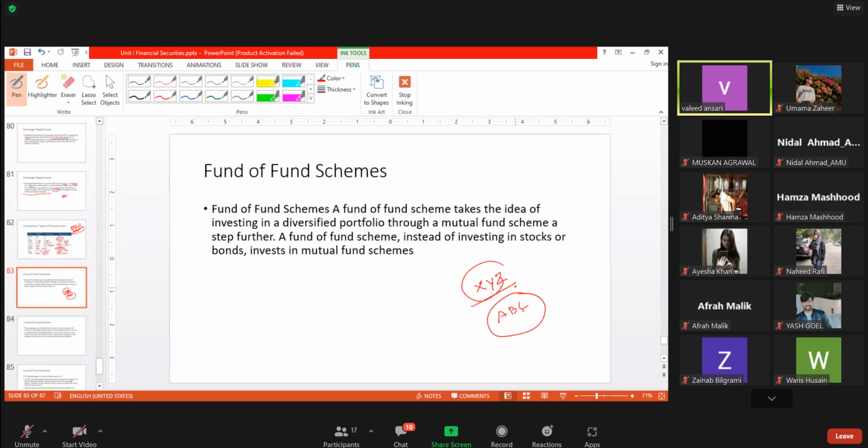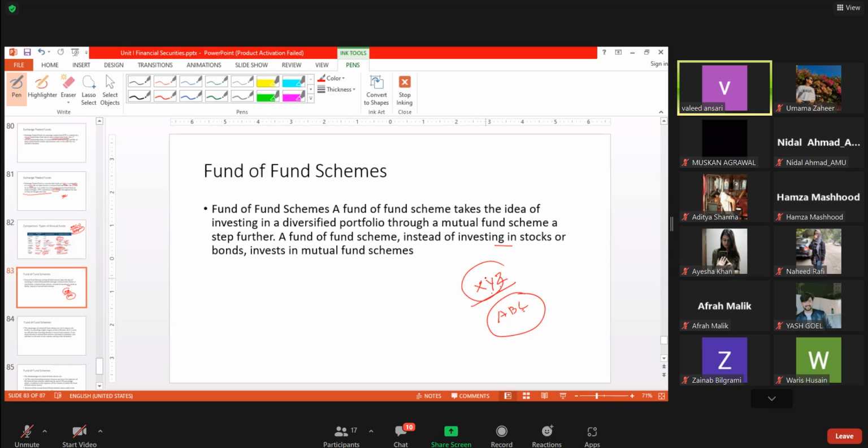So this is called a fund of fund scheme. It is a step further: instead of investing in stocks, the mutual fund will make investments in other mutual funds.